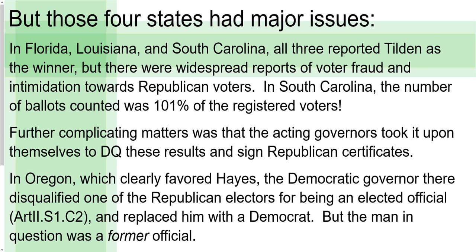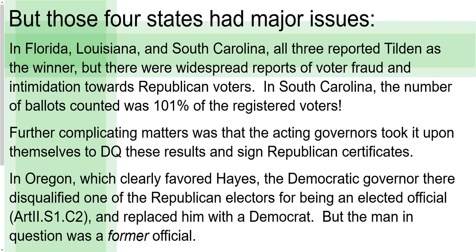Okay. So in Florida, Louisiana, and South Carolina, they all had a similar issue. All three reported Tilden as the winner, but there were a lot of allegations of voter fraud and intimidation towards Republican voters. Remember back then that the Democrat Party was like the Southern Democrat Party.